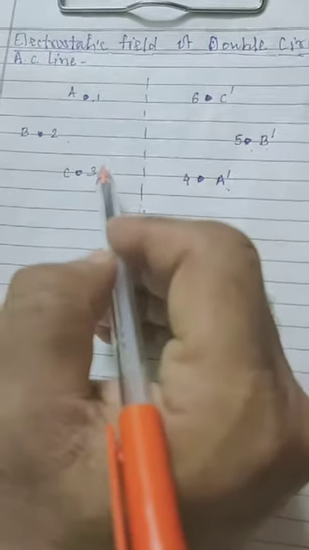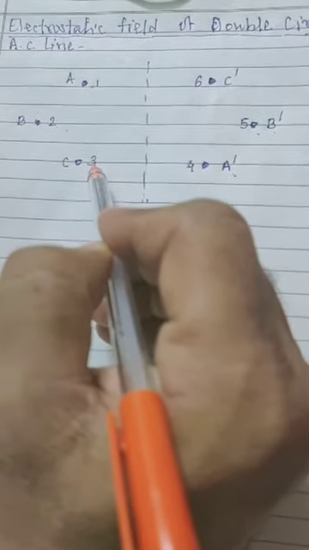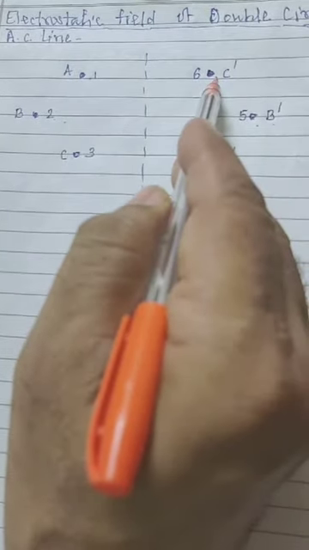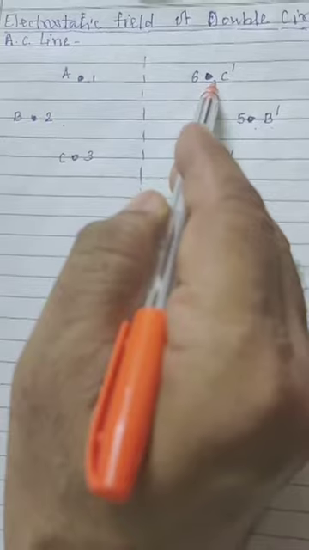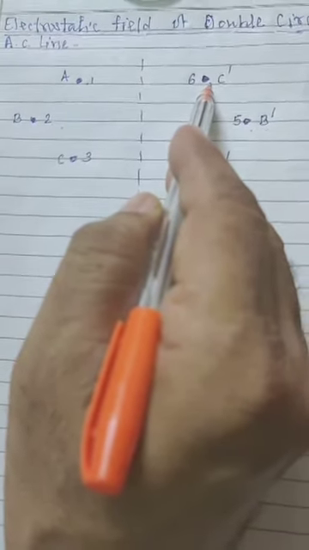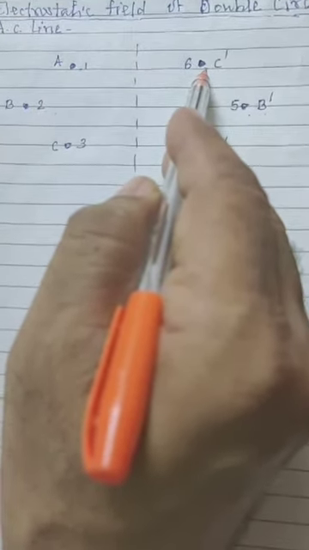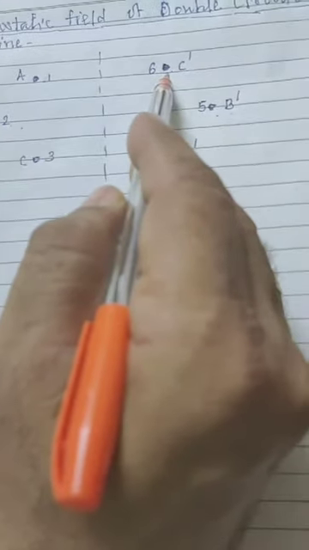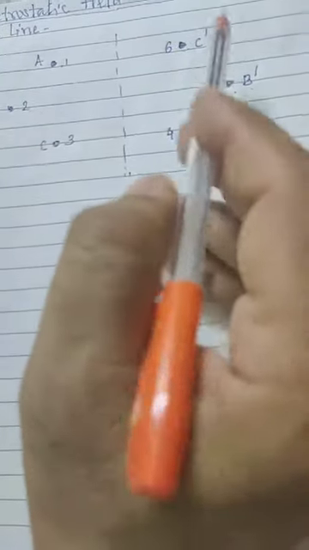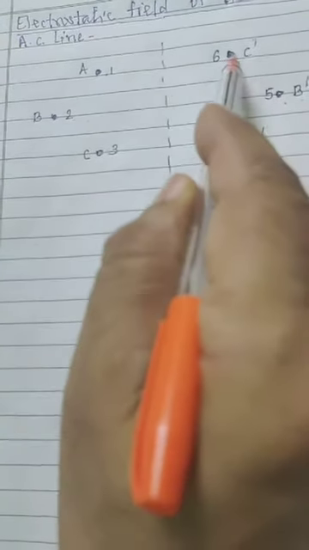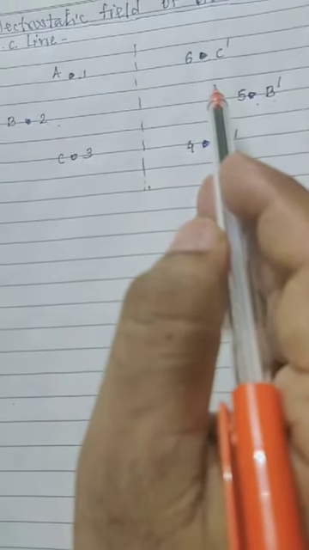Similarly, the voltage of conductor C and C dash is Vm sin of omega t plus phi minus 240, or plus 120. Now the 6 conductors are numbered like this: 1, 2, 3 for circuit 1, and 4, 5, 6 for circuit 2.